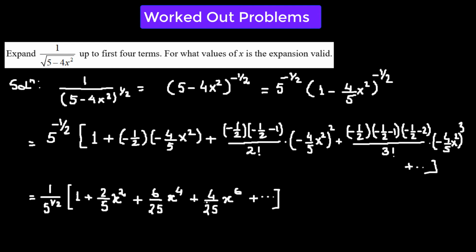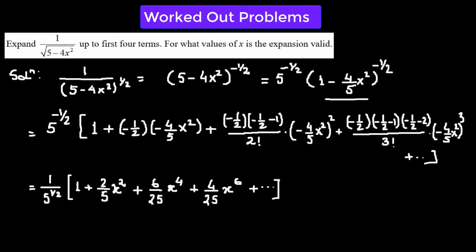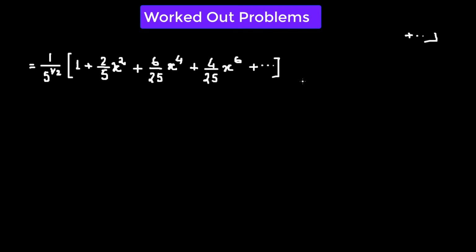Now we have to find out the value of x for which the given expression is going to be valid. The given expansion will be valid, so we'll pick up this one, 1 minus 4/5 x squared, and we use the condition. So in this binomial, we need to have the absolute value of 4/5 x squared to be less than 1.